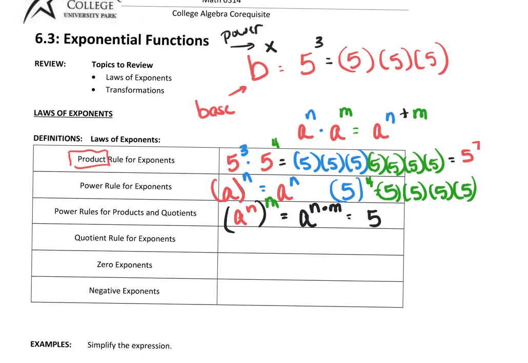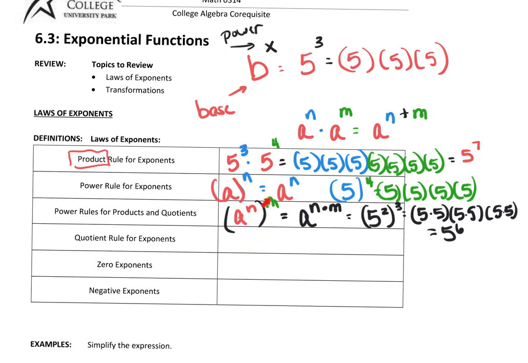So essentially, if I have 5 squared raised to the third power, that means I have 5 times 5, 5 times 5, 5 times 5. So that means I have 5 times 5 times 5 times 5 times 5 times 5. I have this squared term 3 times. You notice how many 5s do I get there? This is just 5 to the 6. So what this is saying is that I can just multiply when raised to a power.